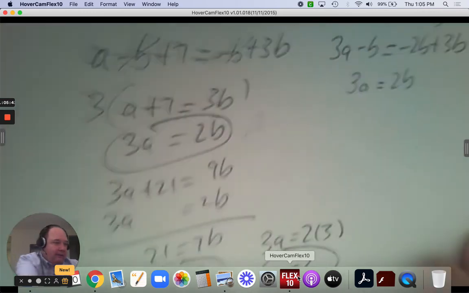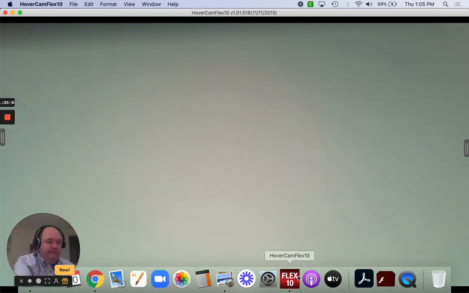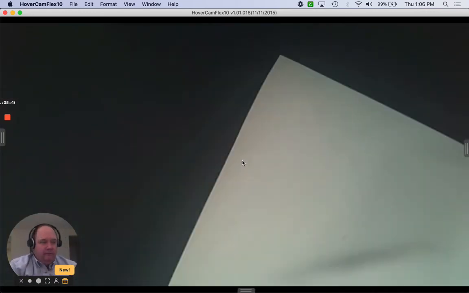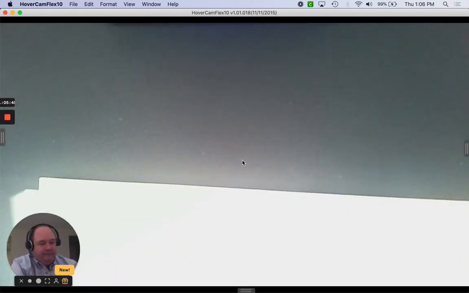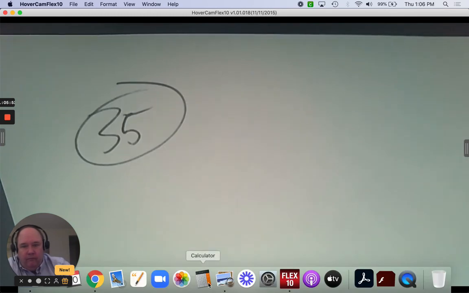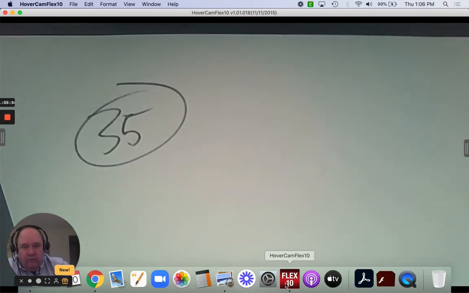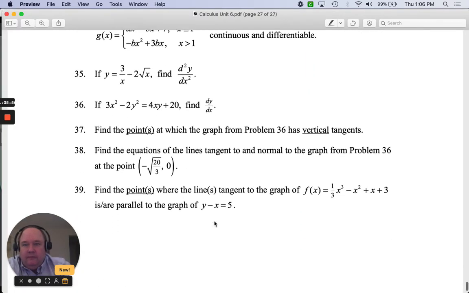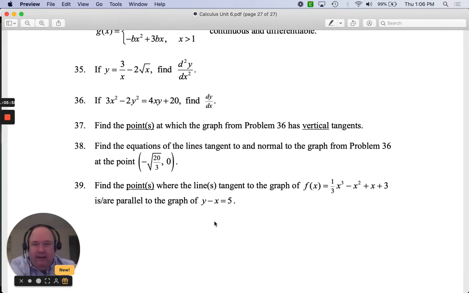All right, number 35. So if y equals that, find the second derivative. So I'm going to write it as 3x to the negative 1 minus 2x to the 1/2, and I'm going to find the second derivative.